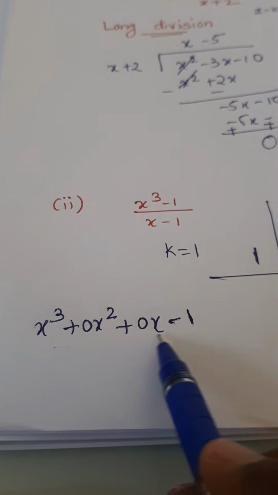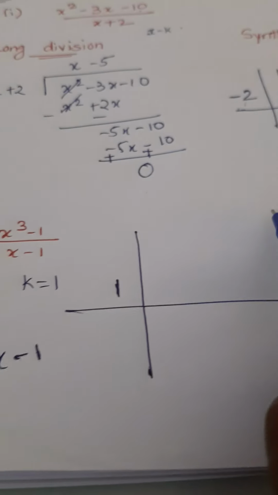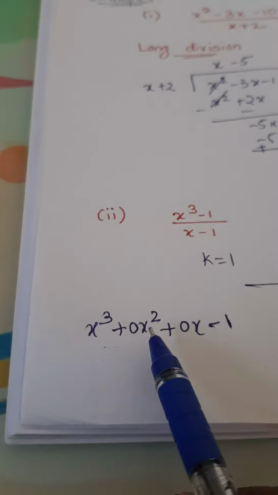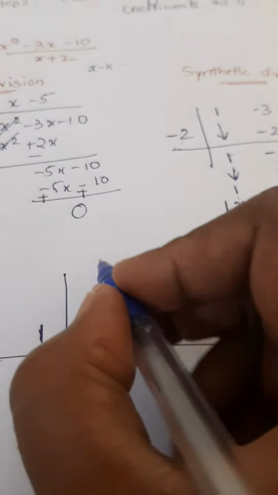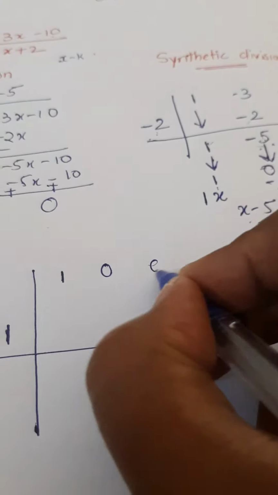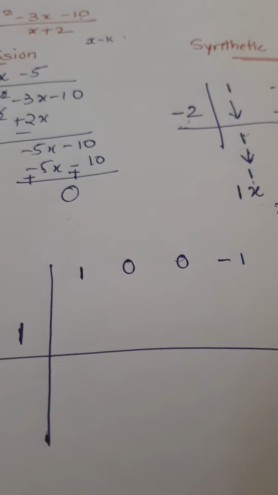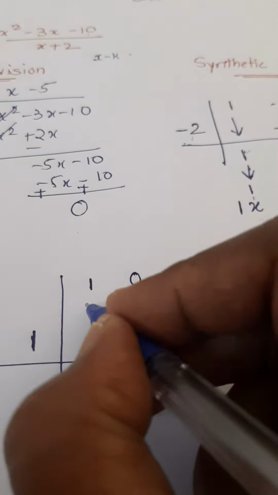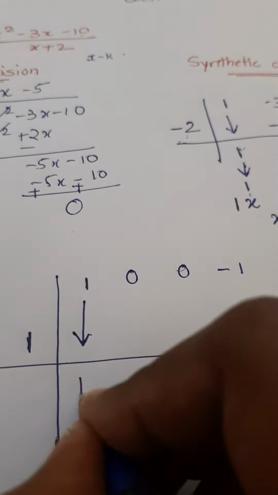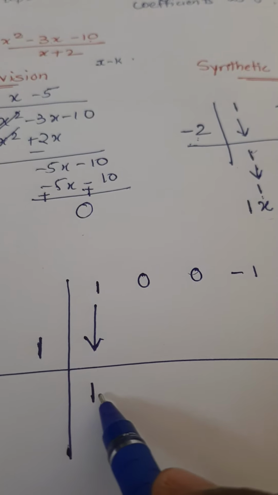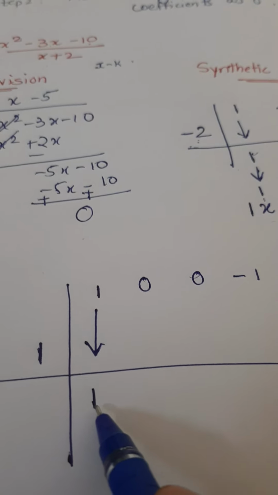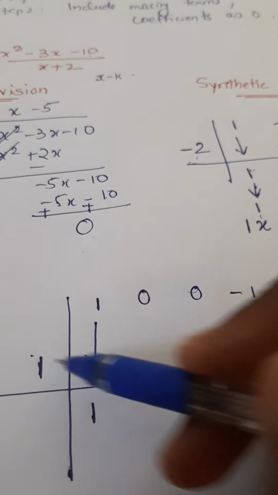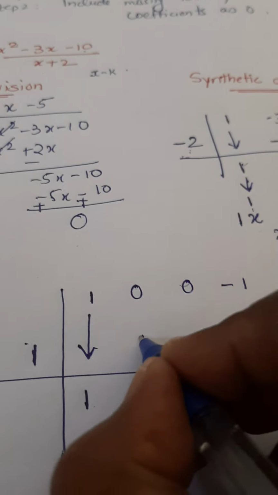Now write down the coefficients as they are in the top row. So the coefficients are 1, 0, 0, minus 1. The next step is to bring down the leading coefficient as it is. So 1 will be here in the third row. Now multiply 1 with 1, the answer is 1.